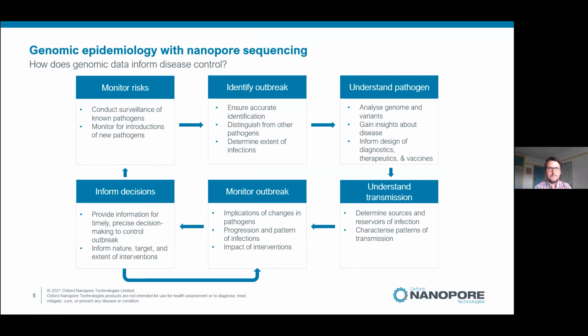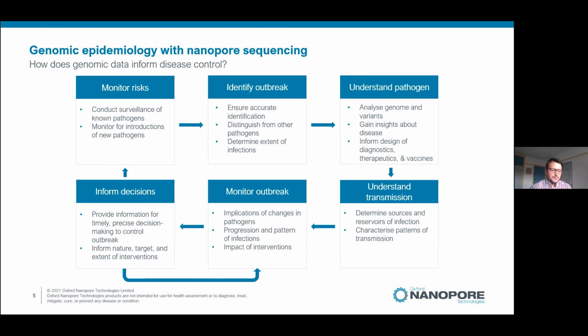But you can consider that what we're doing is showing how genomic data can inform your disease control. There is the ability to identify an outbreak at the very beginning, or early on, and distinguish it from the other pathogens that might be involved. It enables people to analyze the genome and get the variants, and that helps to inform the design of diagnostics, therapeutics, and vaccines very early on.